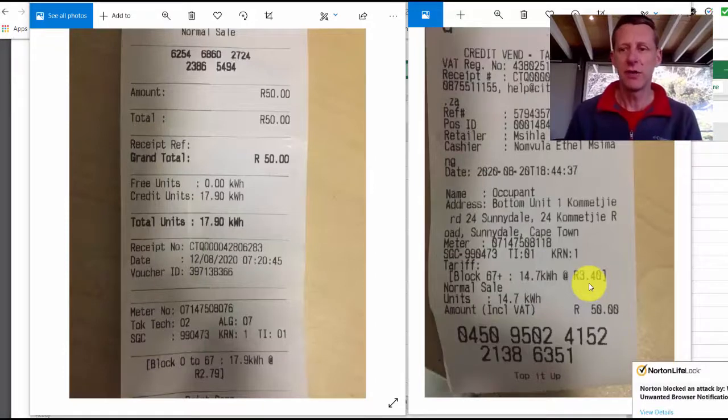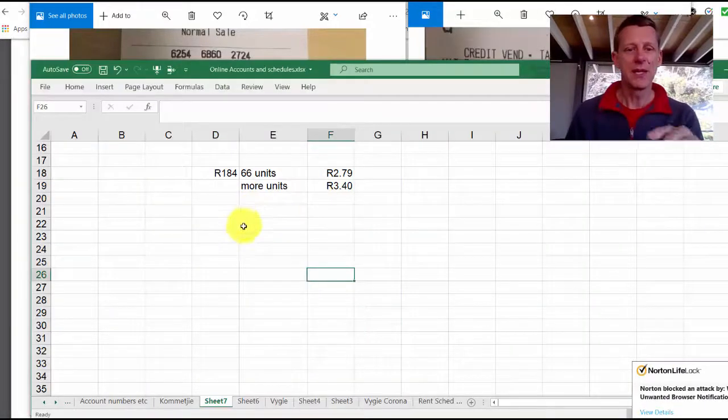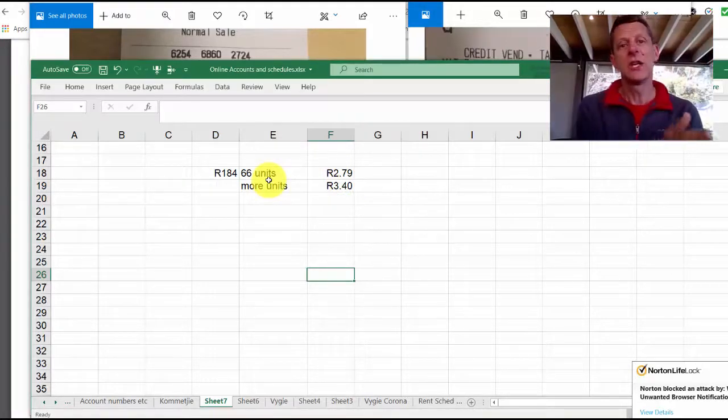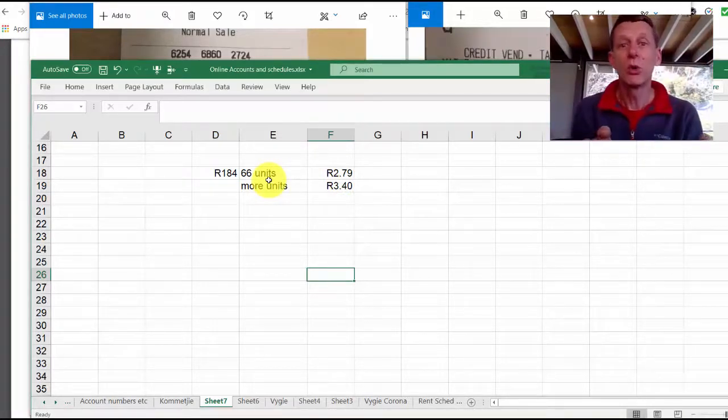So my suggestion, if you look here at the spreadsheet, it says that every month it starts at 0 again, and your first 184 Rand that you buy for electricity is going to be at R2.79 per unit, because every month you're back at 0. So how many units have you bought this month?